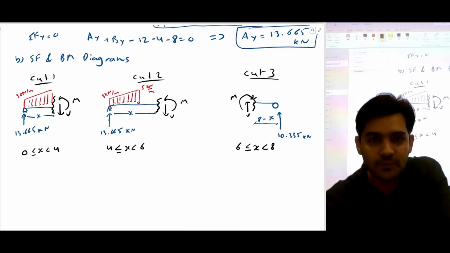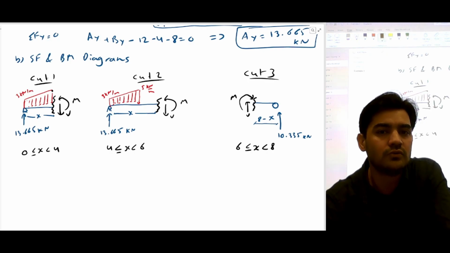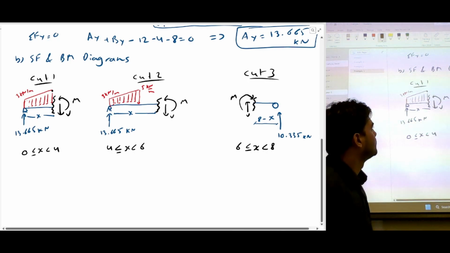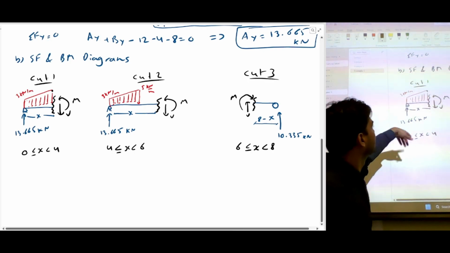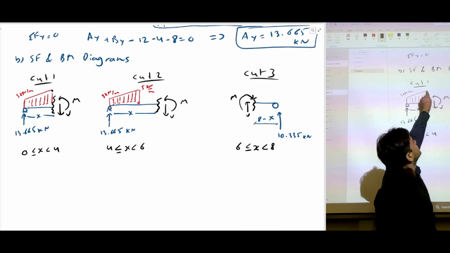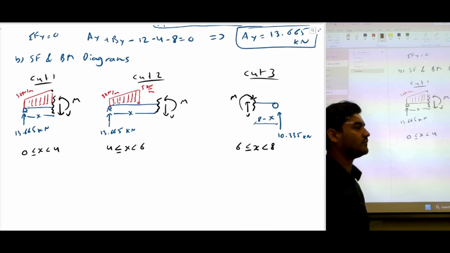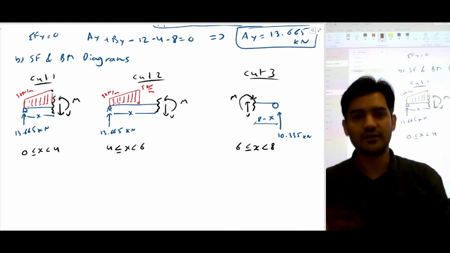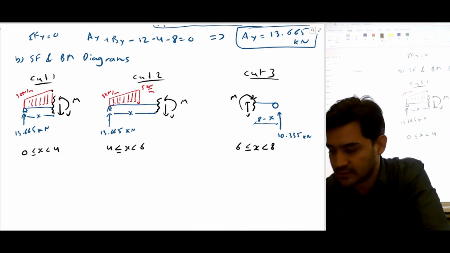So the first cut would be tricky because we don't know this point. So we cannot do the summation of vertical forces, because we need this point to calculate the summation of forces, right? So let's try to figure out how we can calculate this part.